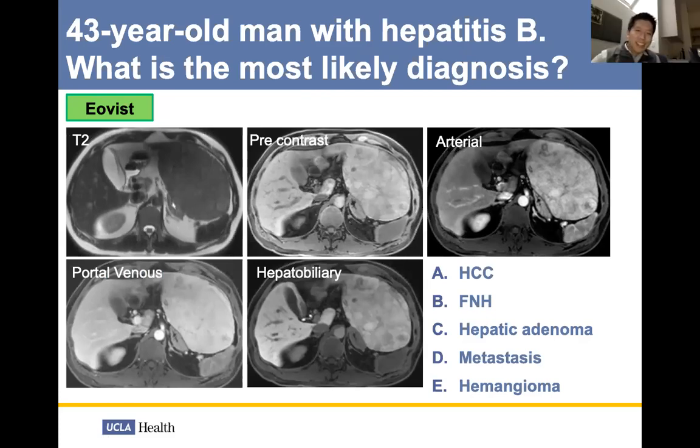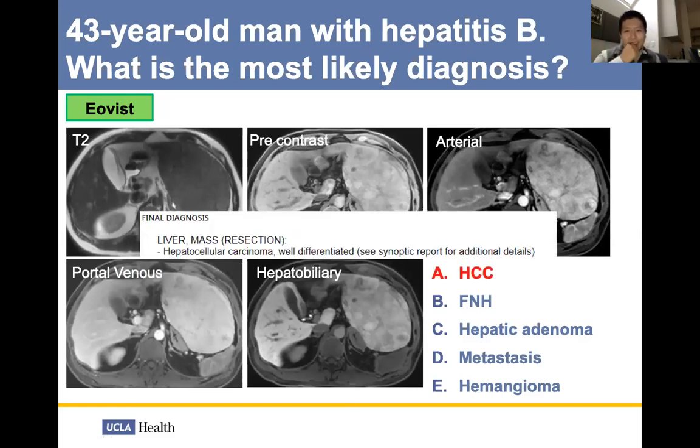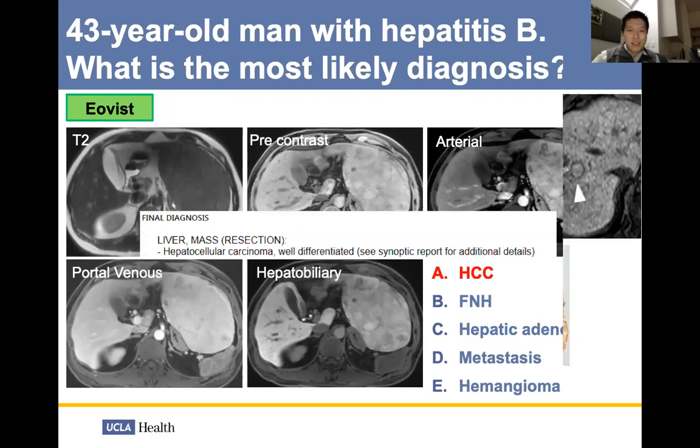People asked me how I knew that it wasn't an FNH, because there's Eovist uptake, and the answer is it just looks too ugly. It's heterogeneous. We left FNH as a less likely possibility, but clearly on resection it was an HCC.